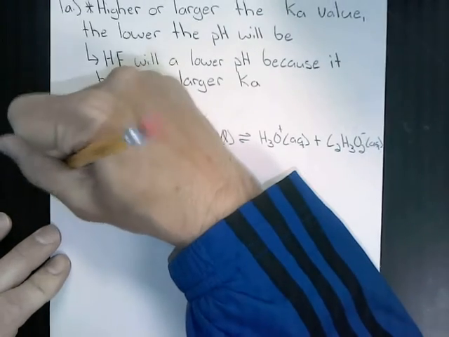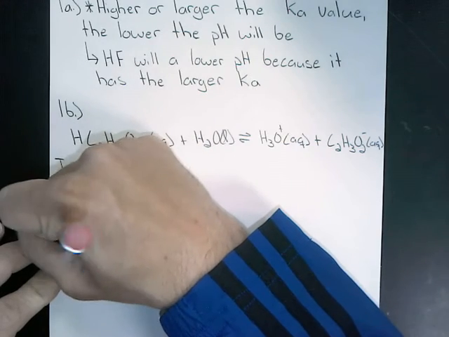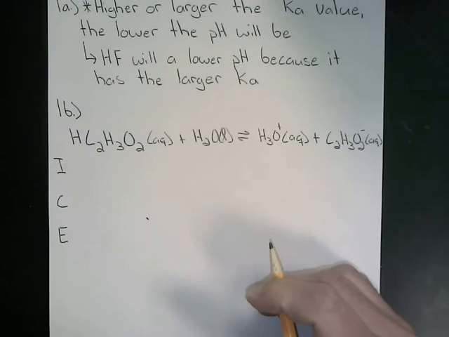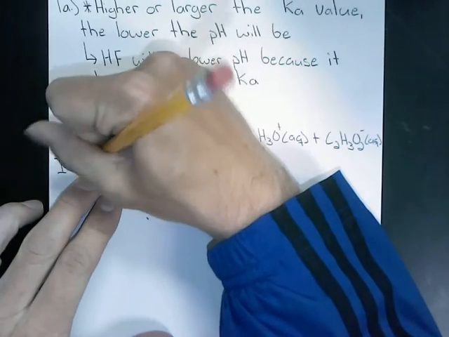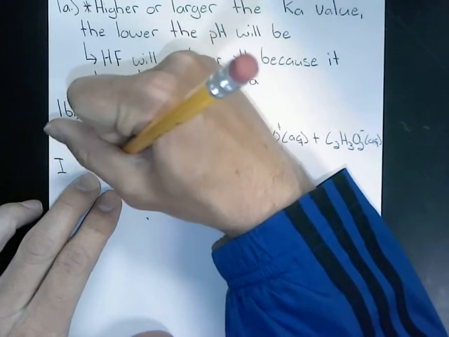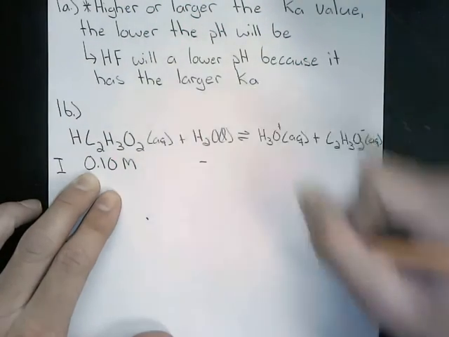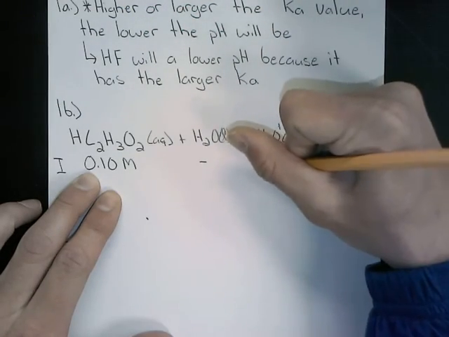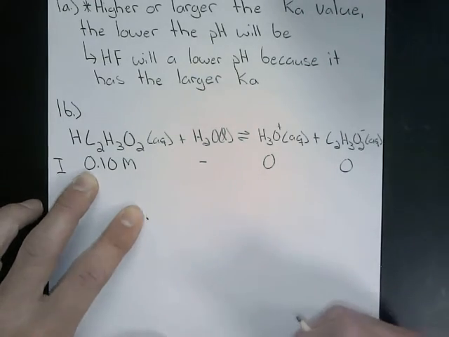So I'm going to start out this ICE chart with the first value that was given, a 0.1 molar solution of our acetic acid. And remember, we don't need to worry about water. We don't have any initial H3O plus, and we don't have any acetate ion.